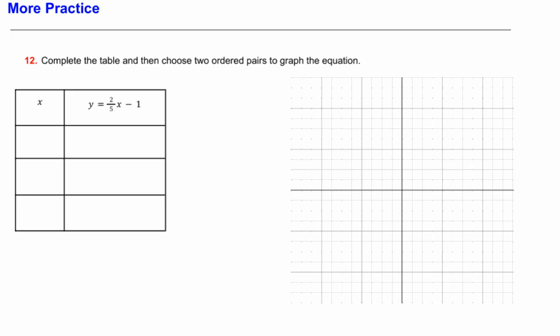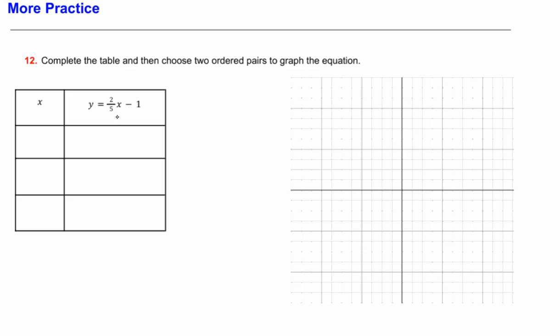Our next graph has another line, and this time they don't give us any x values to pick. So that means we can pick all of the x values that we want. Now I am going to give you some advice. Just like last time when we rescaled our graph based on the denominators, we should choose our x values based on the denominators.